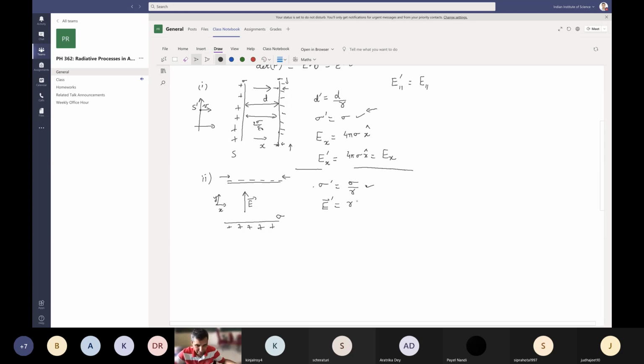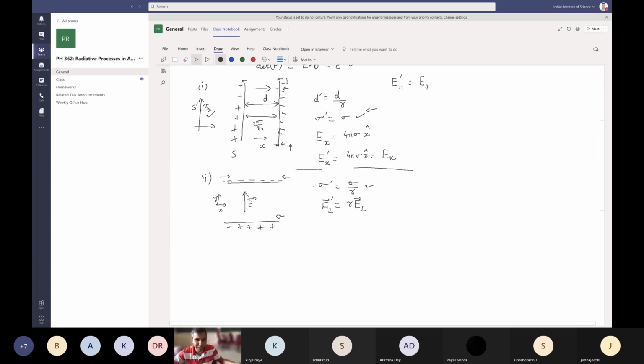So E prime equals gamma E in this case. In fact, it's E perp, because this electric field is perpendicular to the direction of the boost. We are again considering the same boost, just the orientation of the capacitor is different.